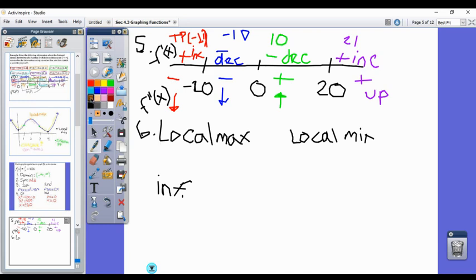Come on, pen. Okay. Oh, there we go. Now it's working. All right, so okay, come on.